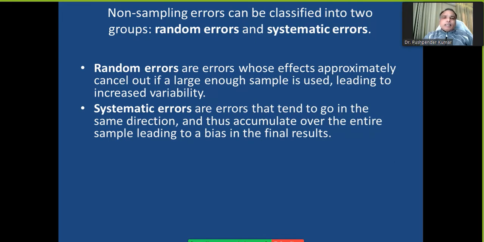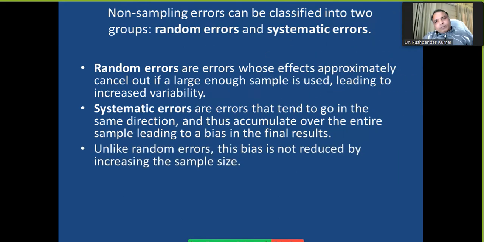Random error will be taken care of if you go for a higher sample, but a systematic error will remain, because the way you have asked and defined the question creates some bias. Unlike random error, this bias is not reduced by increasing the sample size, right?